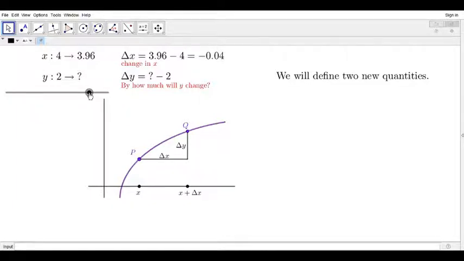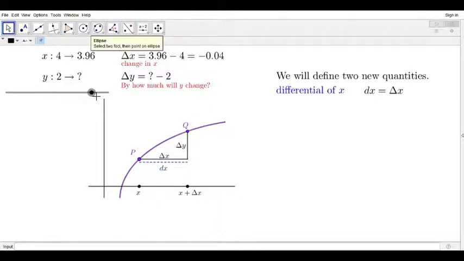Let delta y be the change in the y coordinates. Delta y and delta x don't have to be positive. Now, the first of the two quantities that we're going to define is the differential of x, denoted by dx. dx equals delta x. By definition, they are exactly the same.